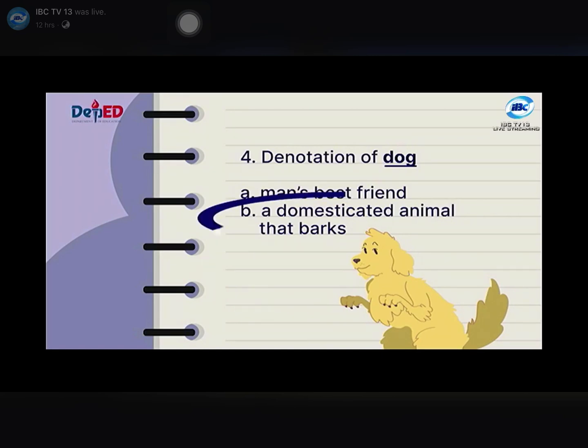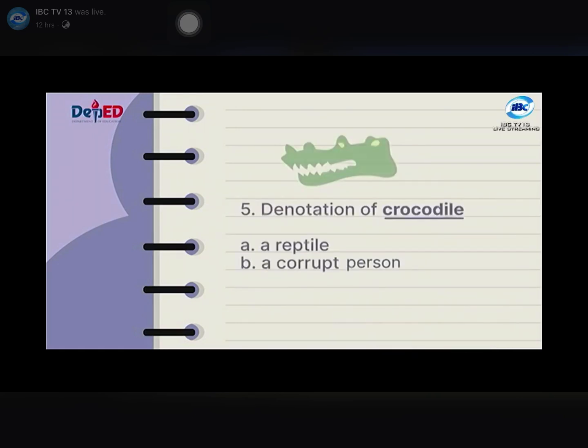It is a domesticated animal that barks. The last item is the word crocodile. What is its denotation? Is it reptile or a corrupt person? You are right. The answer is a reptile.